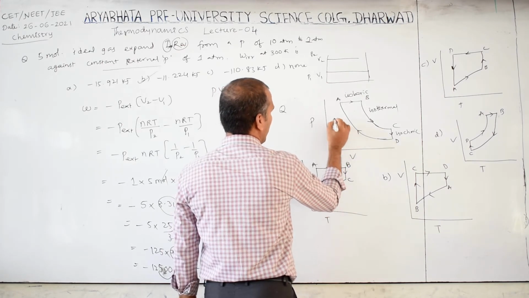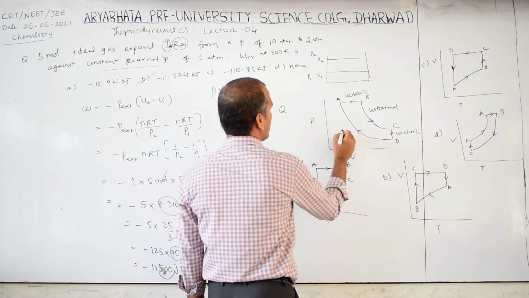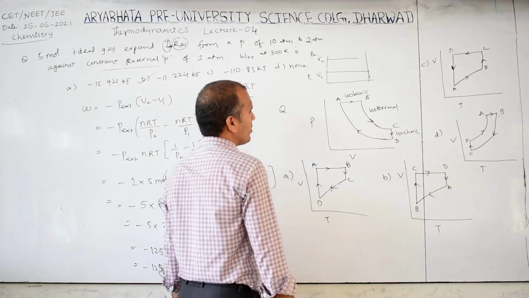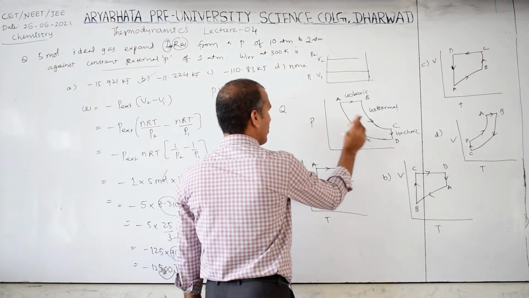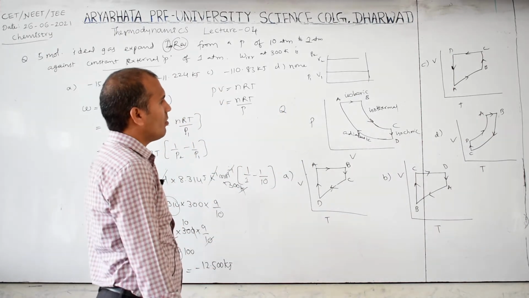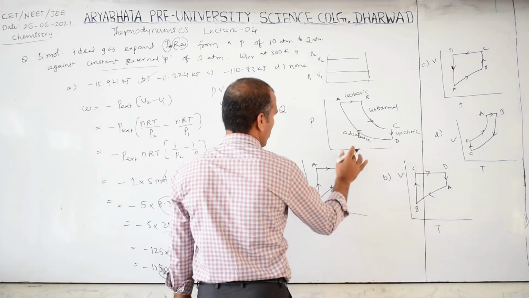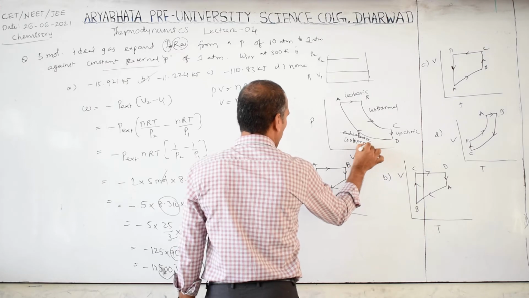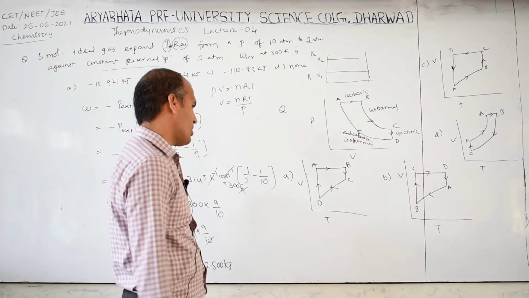Otherwise consider this isothermal also, because here they have not given exactly, so I want to consider the same isothermal type only. Isothermal line is up, adiabatic line is down. But here adiabatic is not there, only temperature is there, therefore you can consider this isothermal only, because in the graph volume and temperature are there.